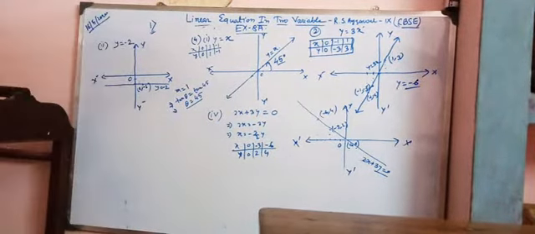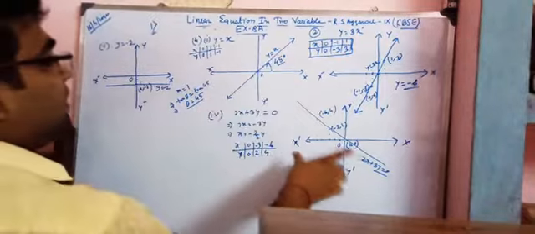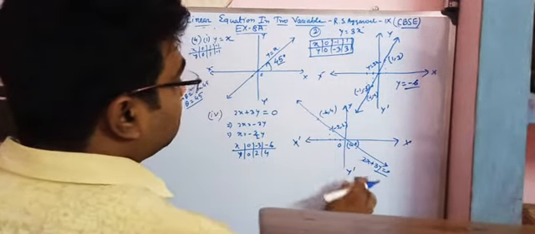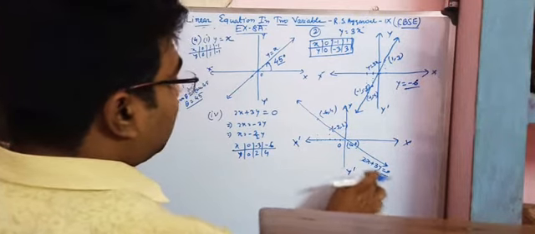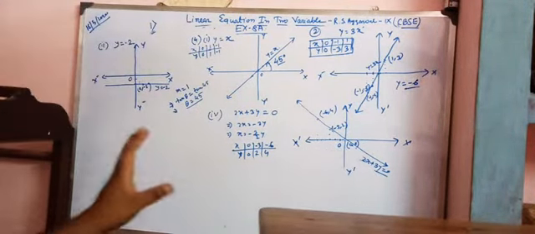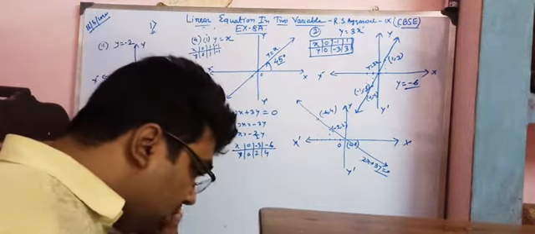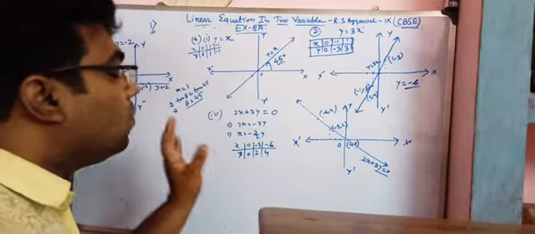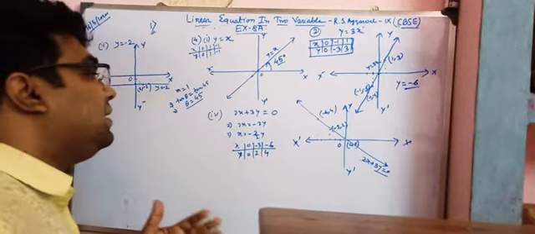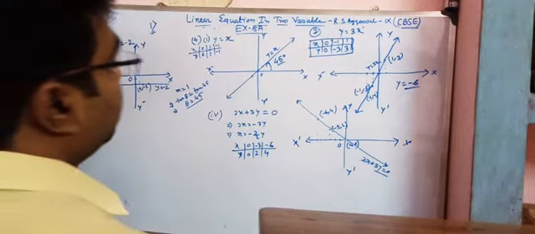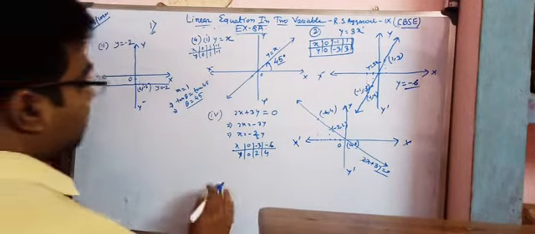Since c is not present, after drawing the straight line we observe that the straight line passes through the origin. Means the equation of the straight line should be like that, with no constant term, if the straight line passes through the origin. Now what is the proof?